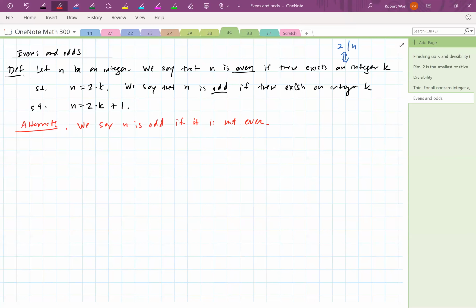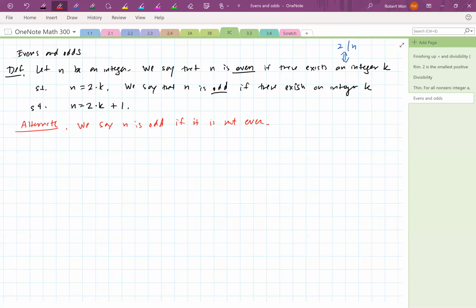But in this alternate universe definition, where I said n is odd if n is not even, you would know already that every integer is either even or odd, but not both, because odd just means not even. So why did I choose the first definition rather than the second definition? The nice thing about the first definition is that if you have an odd integer, you can do something concrete with it.